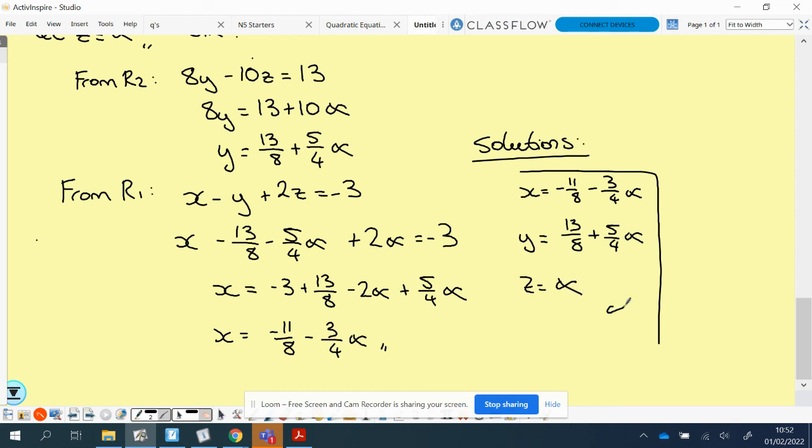Okay, again with alpha being in the reals. Okay, so we've got our solutions, it's just all in terms of a parameter alpha.